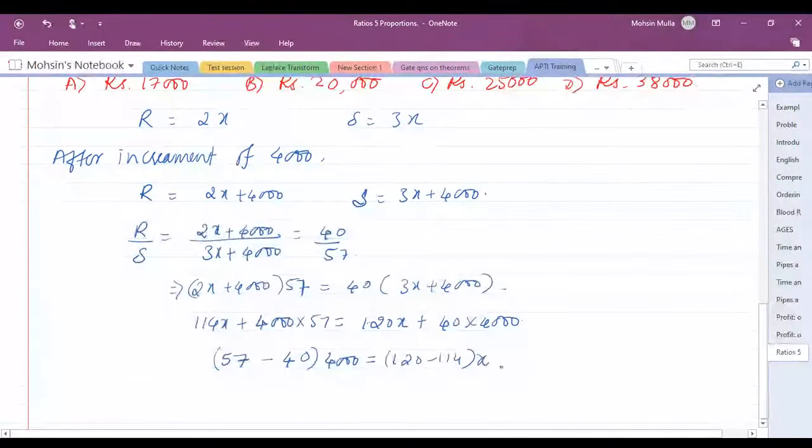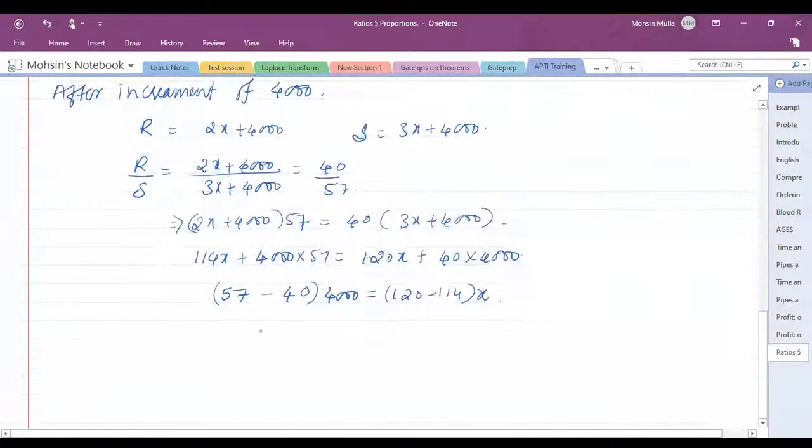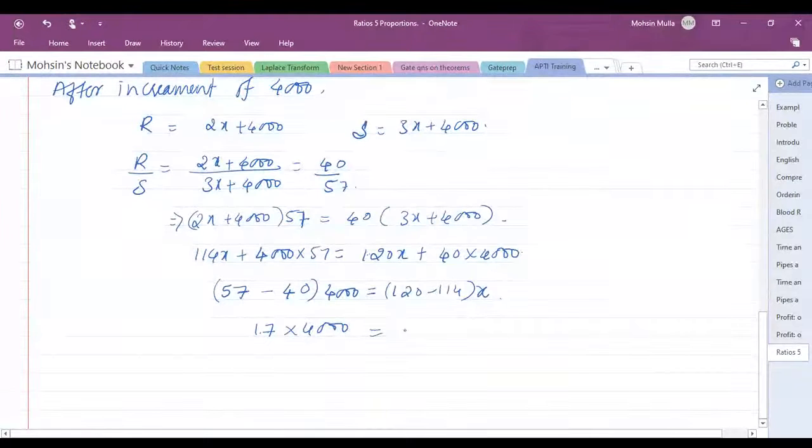Therefore it is (57 minus 40) into 4000, and here 120 minus 114 is 6x. So 6x equals 64,000.